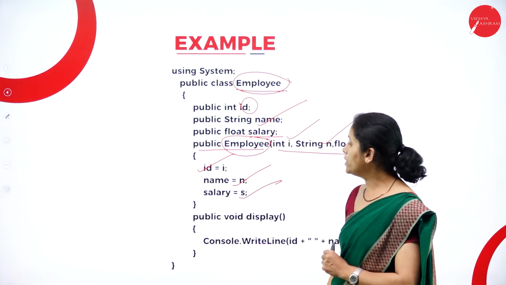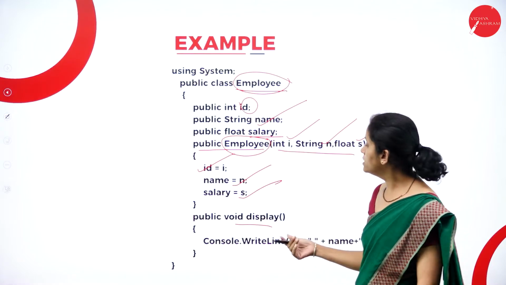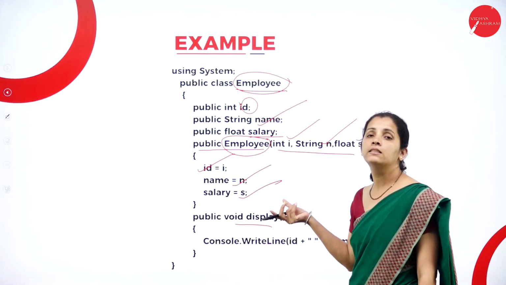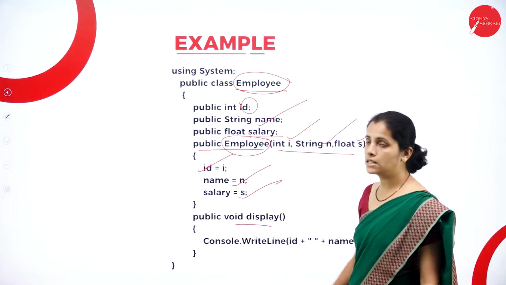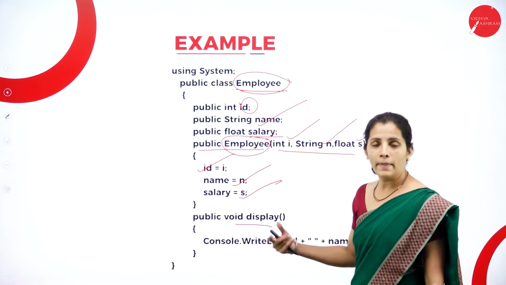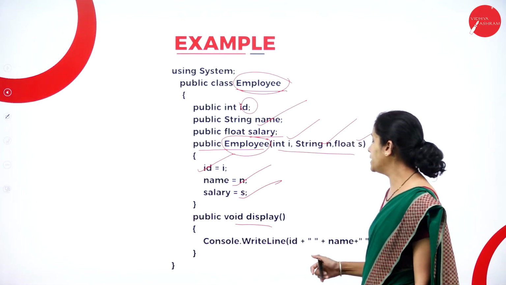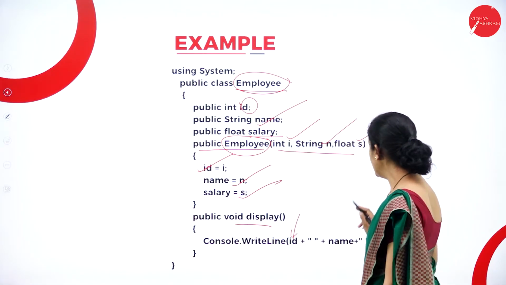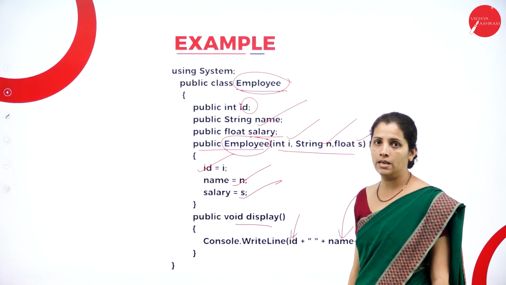Now I'm going to write display function. So this display method is nothing but the ordinary method, but this is the constructor and this is method. Now in this method, I'm going to print employee ID, employee name and employee salary.